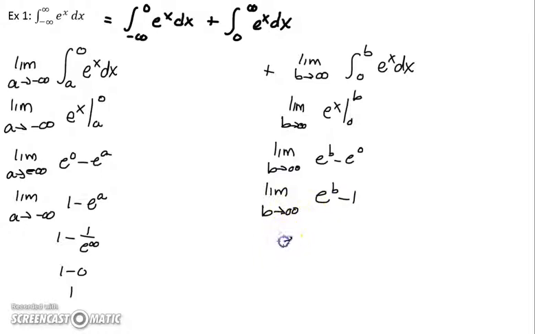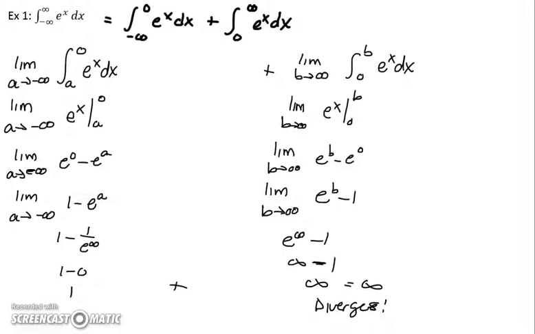Plug in infinity, and we get e to the infinity minus 1, which is infinity. So the left side converged, but on the right side we didn't get an answer, we got infinity. The right side diverged. If we have 1 plus infinity, that's infinity, so this diverges.